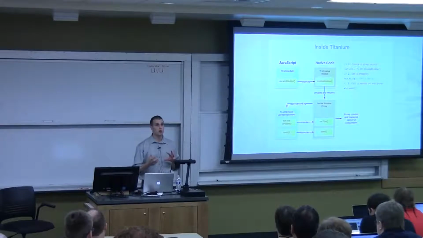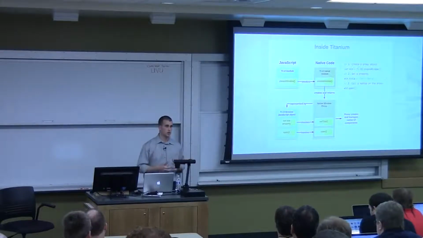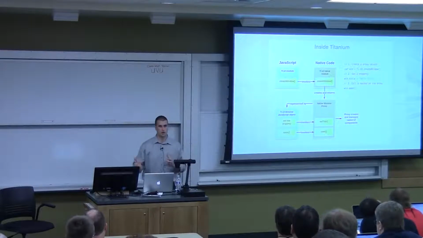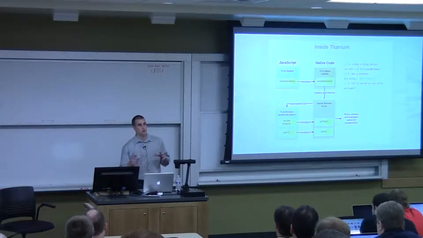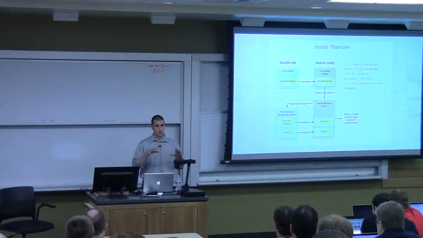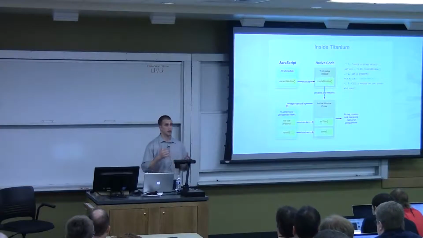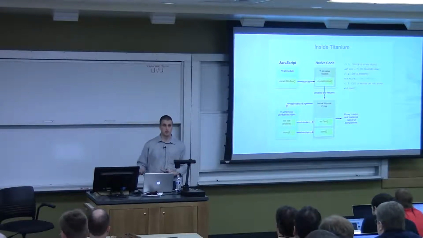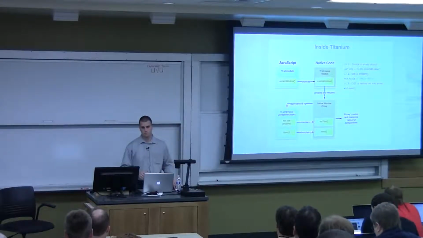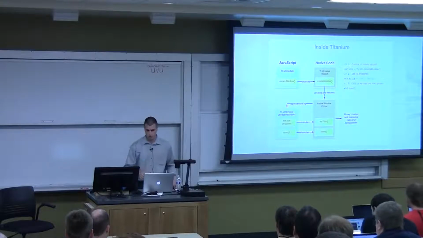So you do have a little bit of overhead. It's not exactly native. You're going to get slightly better performance writing in Objective-C or in Java. But the idea here is that you can write it in JavaScript, and then it calls over to create the native components. So you're going to get nice performance as far as animations. You're actually getting real navigation controls, the real native things. You're not getting somebody else's version of that. Did that answer your question? Yeah. Okay.